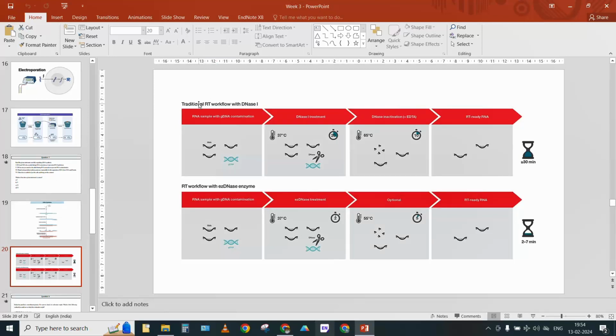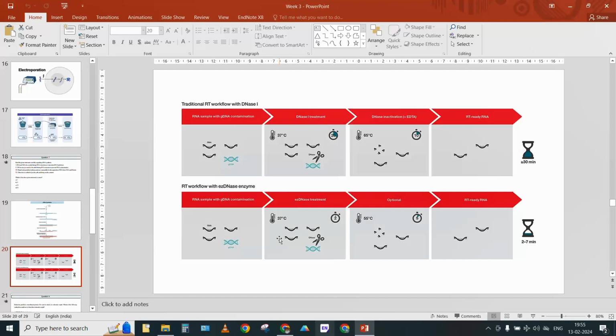Here two workflow steps are given: the traditional workflow with DNase, and the workflow with ezDNase enzymes. According to this, after DNase treatment, the remaining RNA is free from genomic DNA contamination, allowing for accurate and reliable downstream analysis.